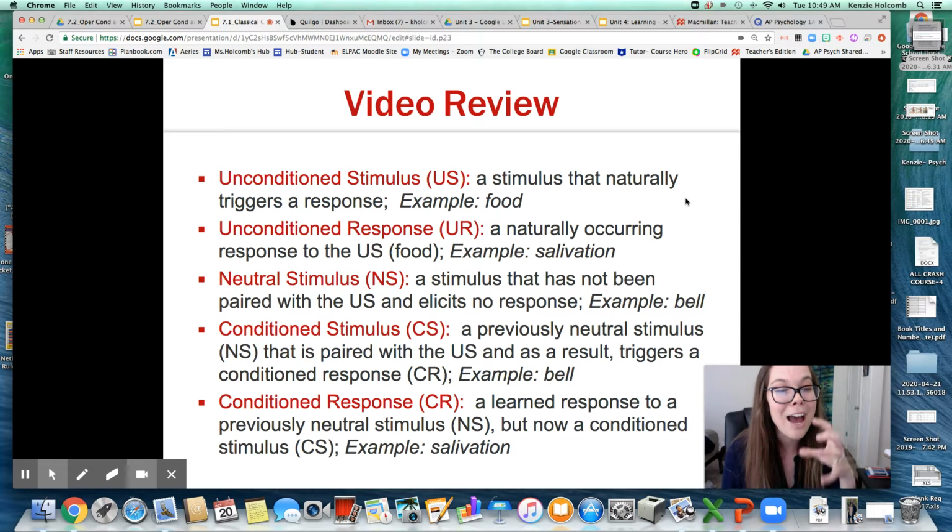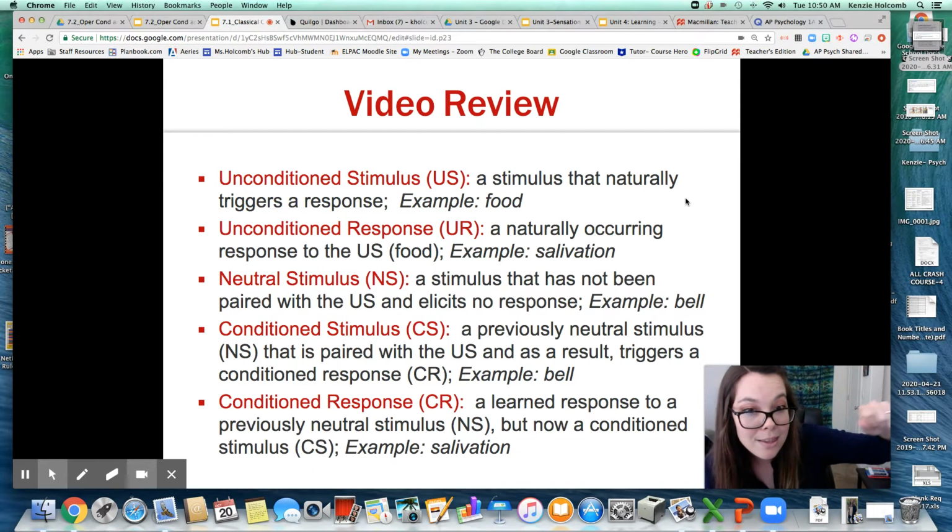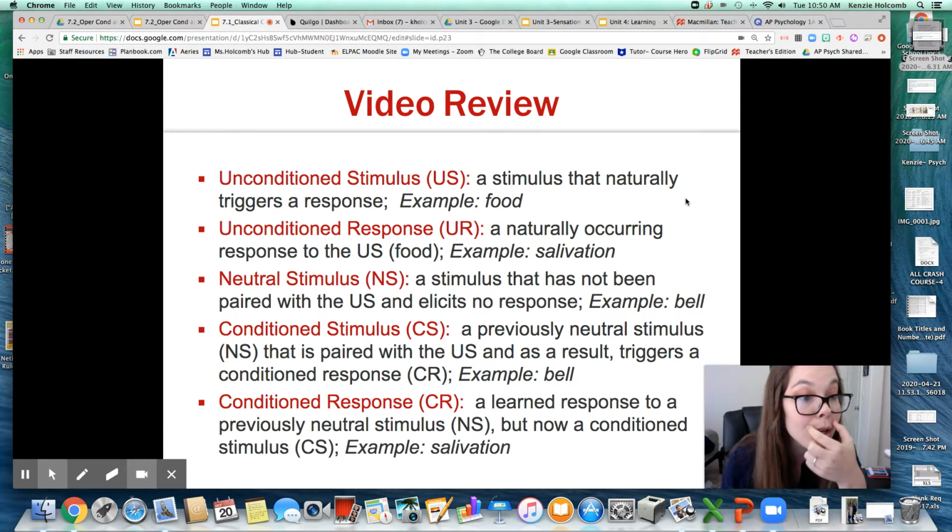So after the dogs associate the bell, their conditioned response is to salivate, because the conditioned stimulus is now the bell. So it's no longer the food. The food was taken out of the equation. If Pavlov just rang the bell, the dogs would start to salivate.